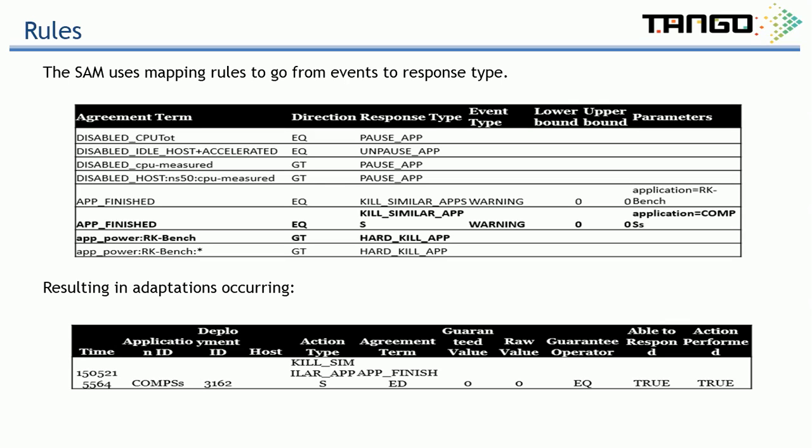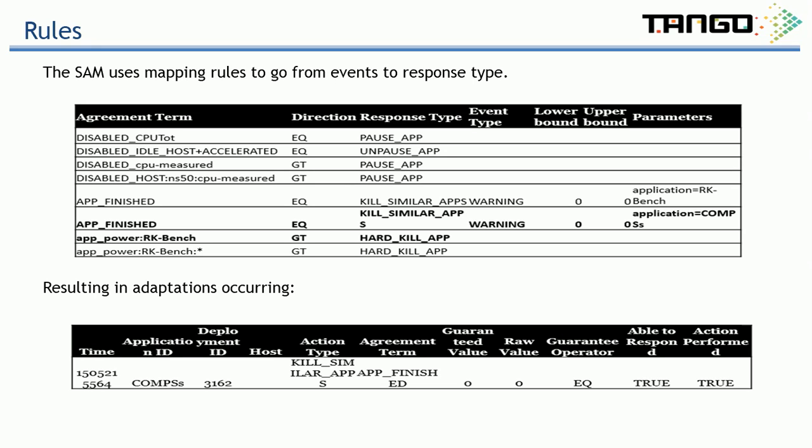Once the monitoring events have been written, you then need to start considering the mappings between the event and the actual response that needs to occur, through a sequence of rules that performs the mapping between the event and the response. So what we can see is various things such as the application finishing, and that other versions of the application should be killed off.